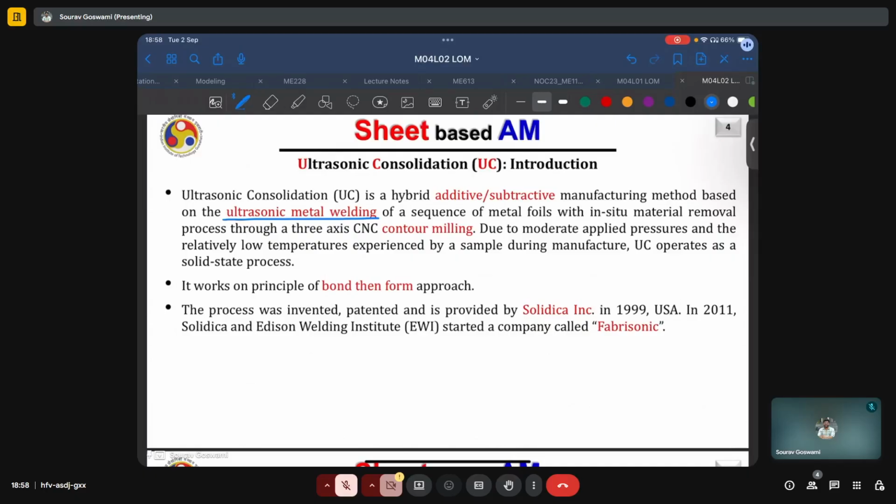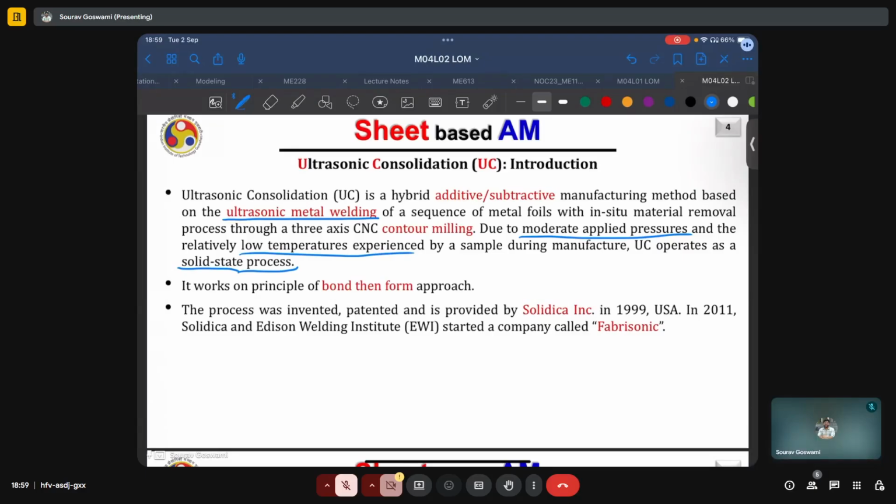Due to moderate applied pressures and relatively low temperatures experienced by the sample, it operates as a solid state process, which is very important because, as we know, for solid state processes, since the material is not really undergoing the melting and solidification cycle, the residual stresses or internal stresses are minimal, and hence any dangers which are posed by the presence of residual stresses such as cracking or warping are automatically rid of.